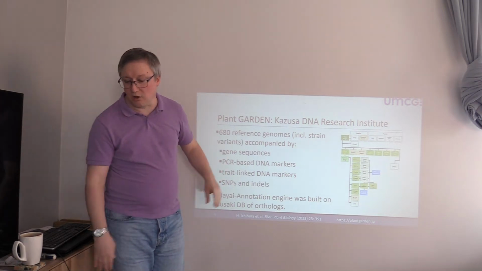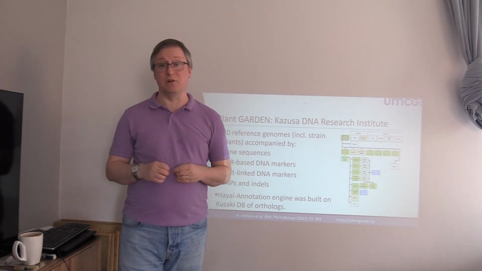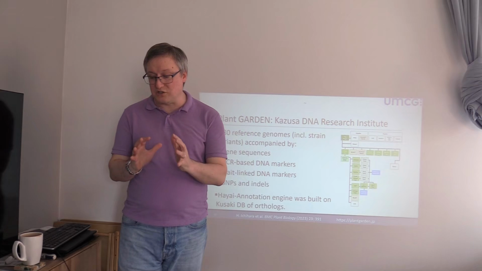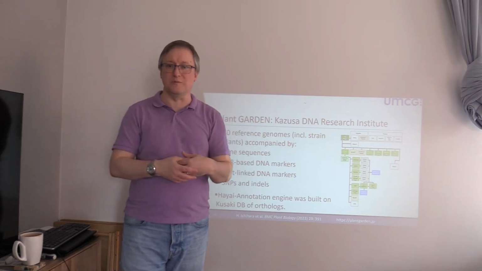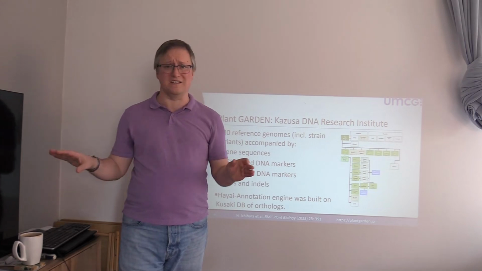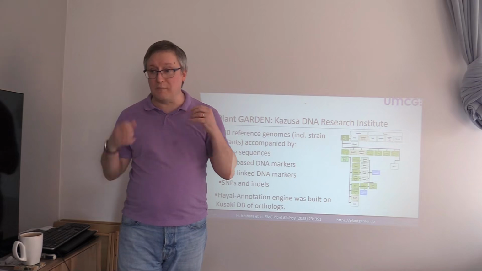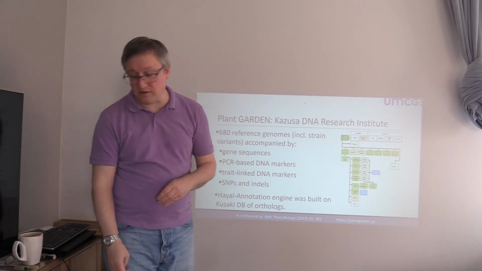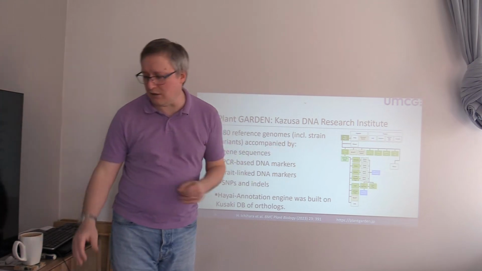And they did this all by use of the annotation engine that they built. And it was a very good strategy to make it possible to combine huge volumes of information about a very large number of plants with strain information to make it available in this way. And the stuff that's available here is all just freely downloadable, no account even required.